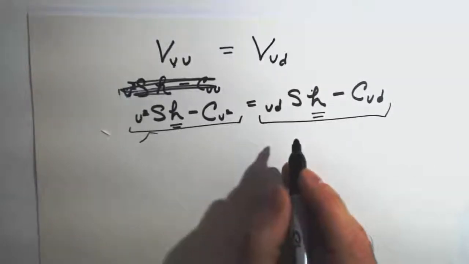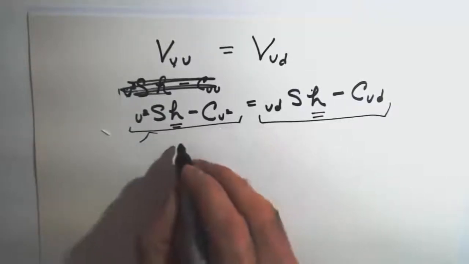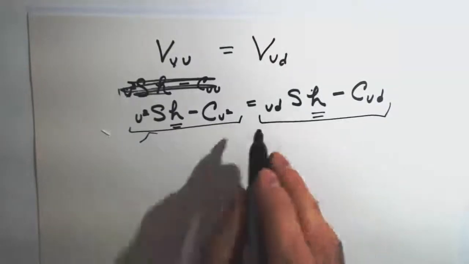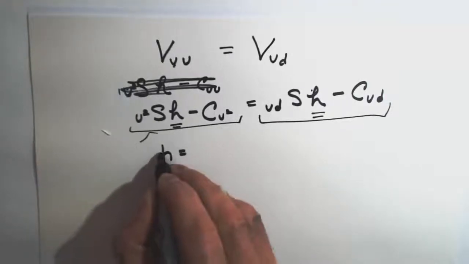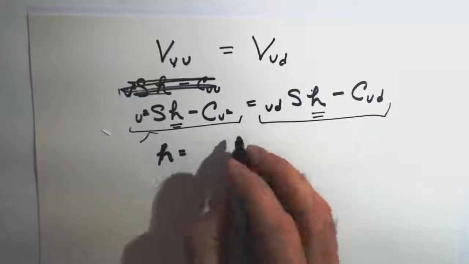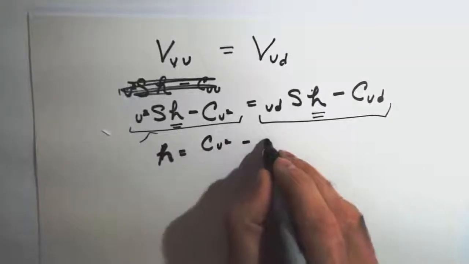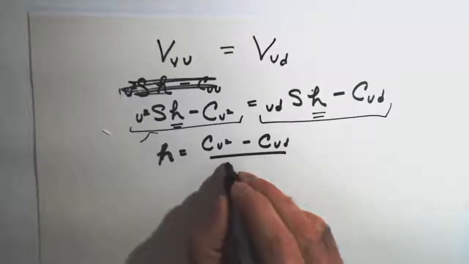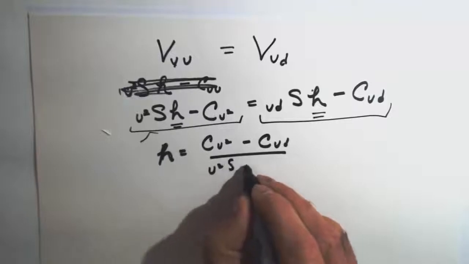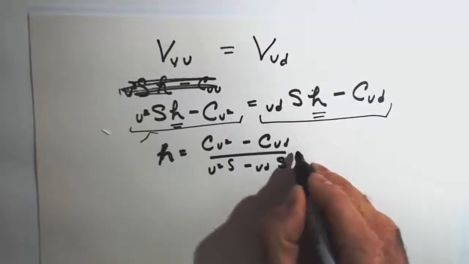So if you rearrange this and solve for H, you end up getting a nice exercise for you to do. H is calculated as CU squared minus CUD, and then it's U squared S minus UDS.